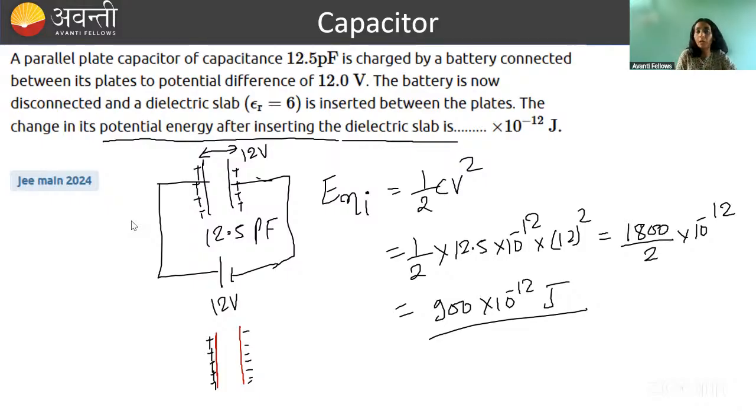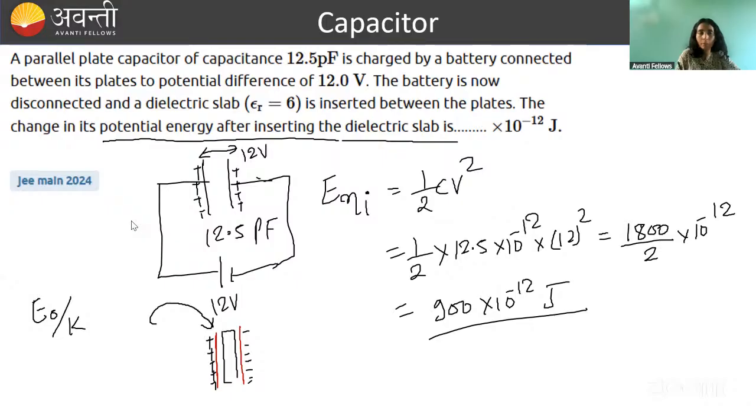Now we are disconnecting the battery. After disconnecting the battery, we are inserting the dielectric in this space. And I told you in yesterday's class, when we insert a dielectric with the battery not connected to the capacitor, then energy decreases by k times.